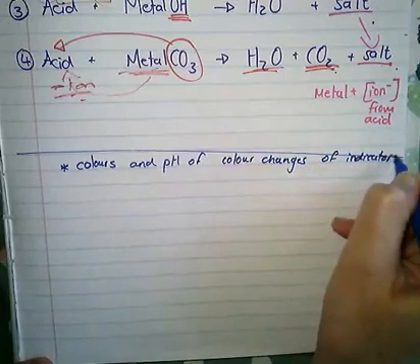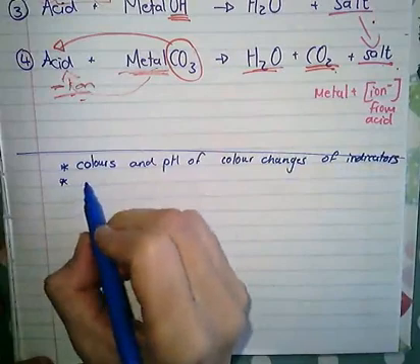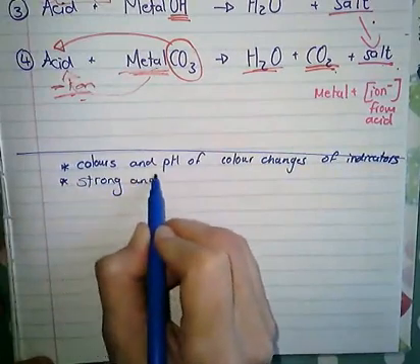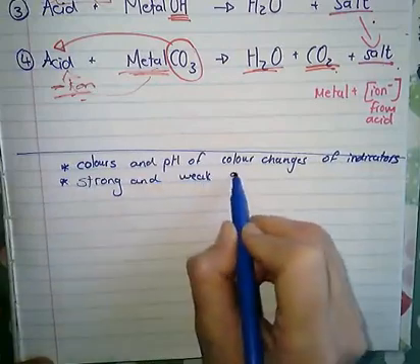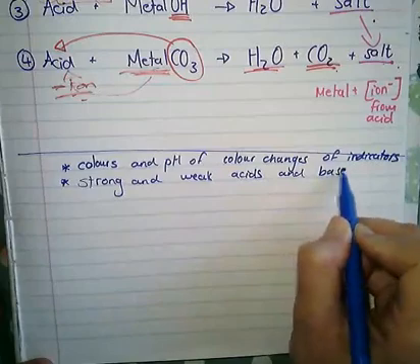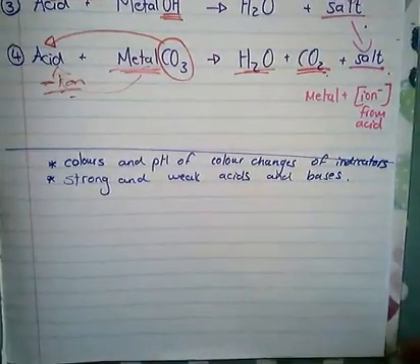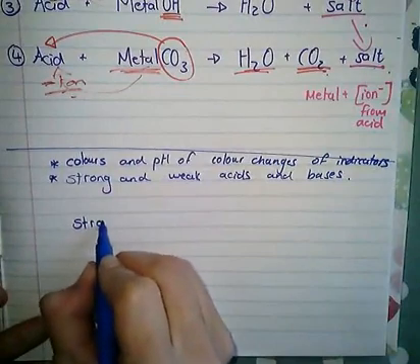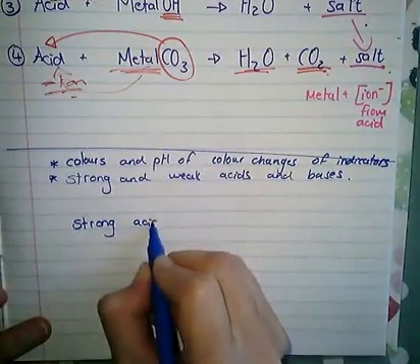So, for example, you could have a strong acid that reacts in a neutralization reaction with a strong base. And you know that that will always form water and a salt.